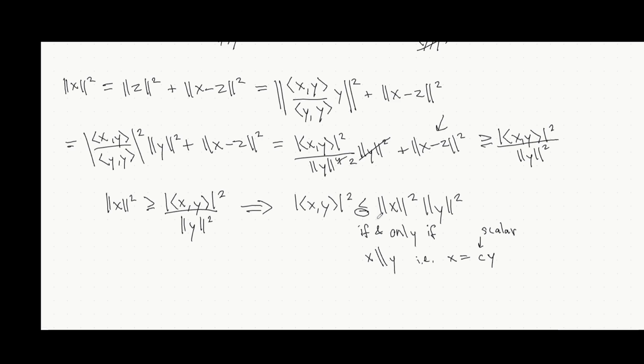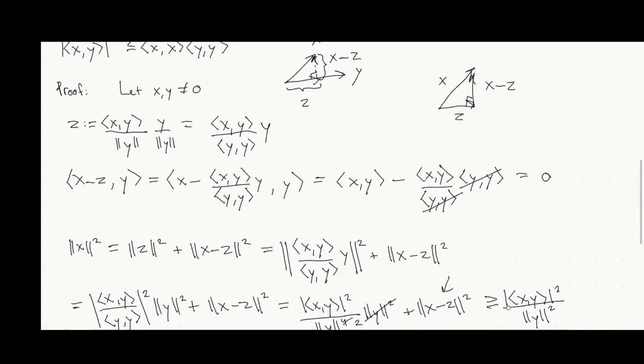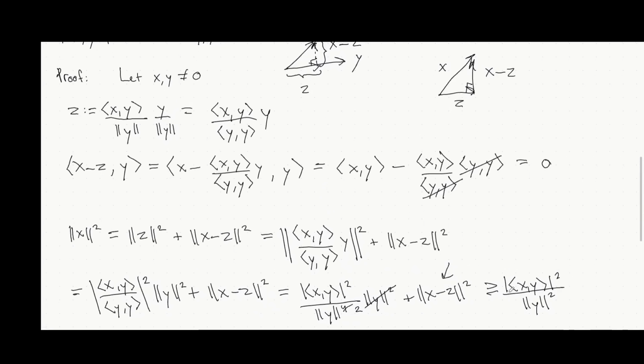So to see this, if we go back to this term, the x minus z, and we look at the picture, this x minus z term is 0 if and only if x is parallel to y, because we got this perpendicular term by subtracting the projection, but if it's already parallel, there is no orthogonal term.